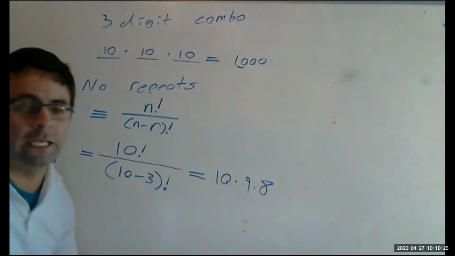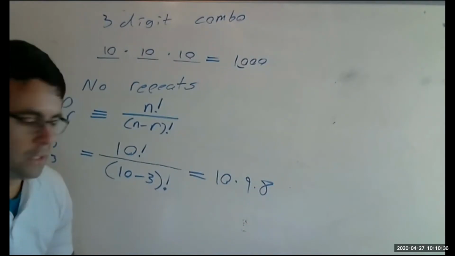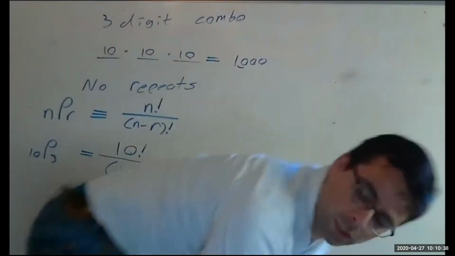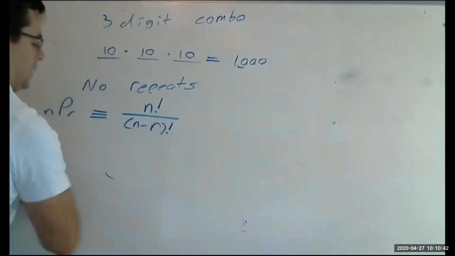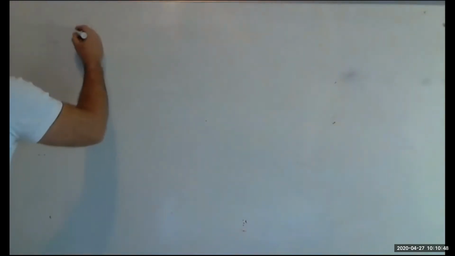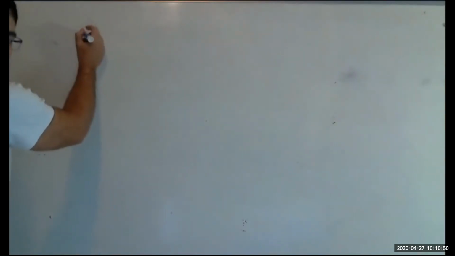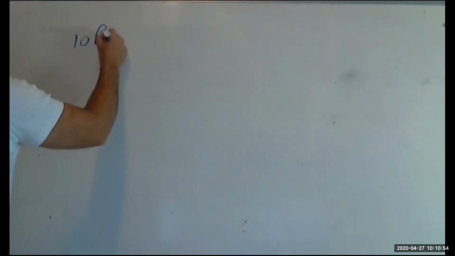All right, so this is the format that they use in the test. So let's do a couple quick examples because I want this to make sense. So 10P2.